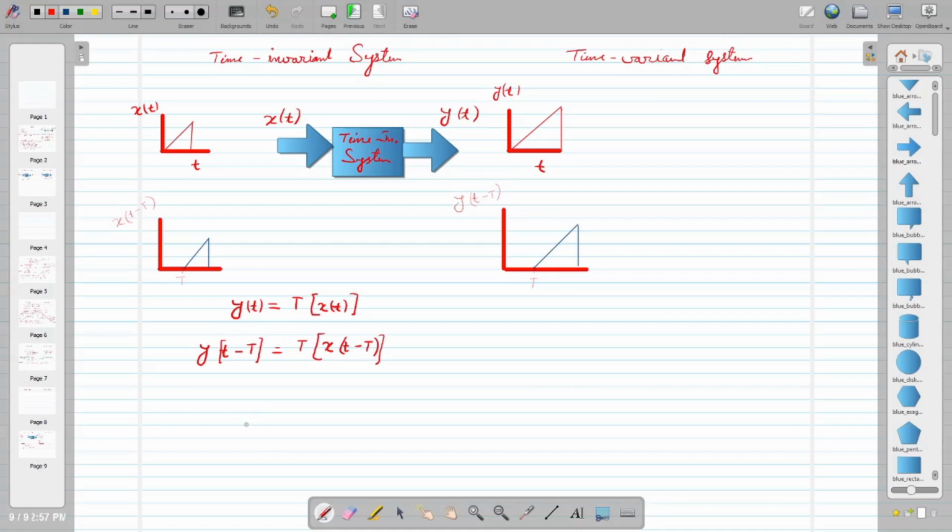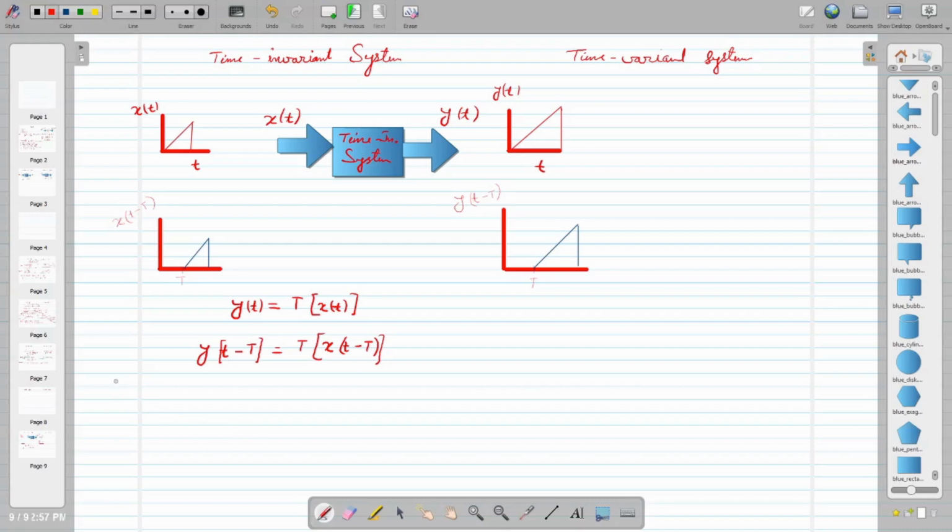For a linear time invariant system, the coefficients of the differential equation for the continuous time domain describing the system are constant. If the coefficients are a function of time, then the system is linear time variant, right? So this is by definition for a continuous time domain system.